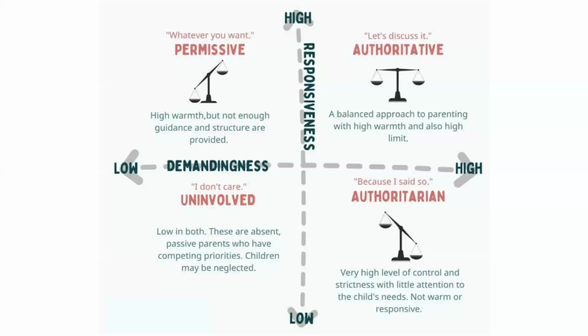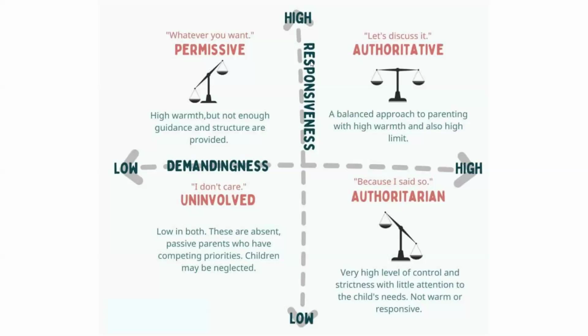Very strict kind of parent they are. Then we have uninvolved parents, they don't care about their child. They are low in demandingness, also low in responsiveness. Like, you are going to school, okay, you should go to school. Not involved in the child's homework, any activity, anything. They don't bother about the child's life. They neglect their own child.